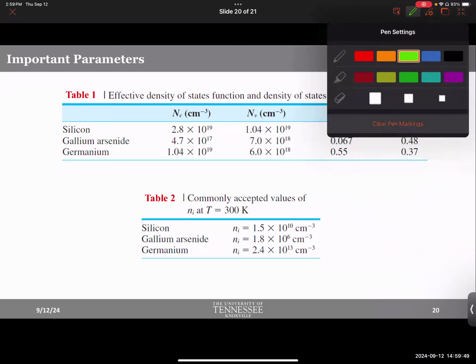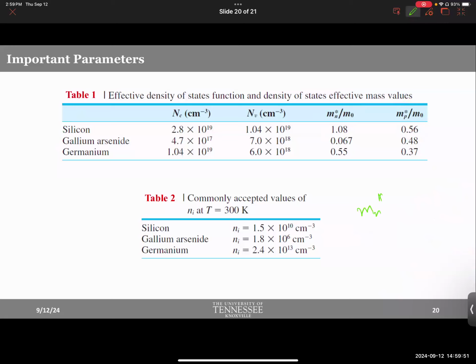But instead of representing it as, say, 1.08 m naught, there is a norm to represent it in a normalized fashion, where you just report the number and multiply it with the rest mass later on, because that helps simplify the expression for the effective mass of holes similarly.